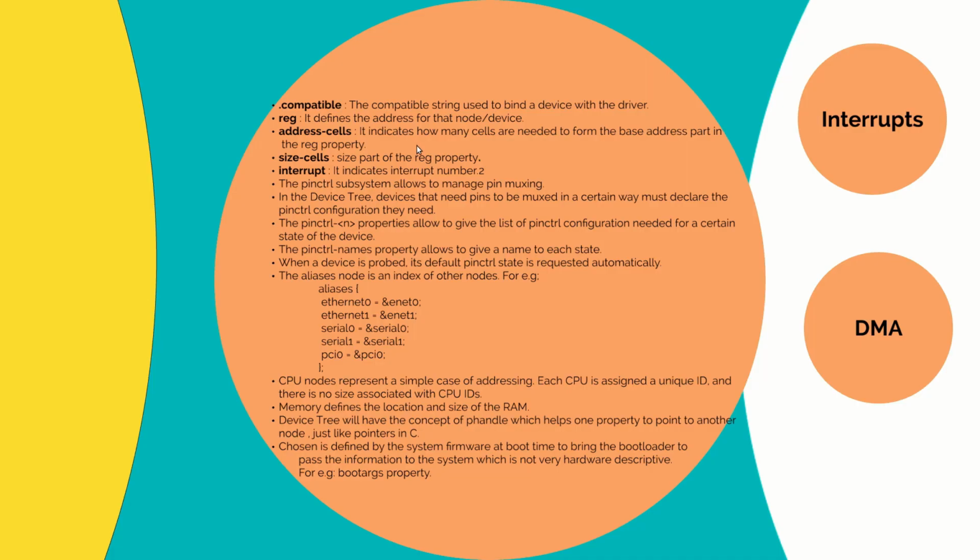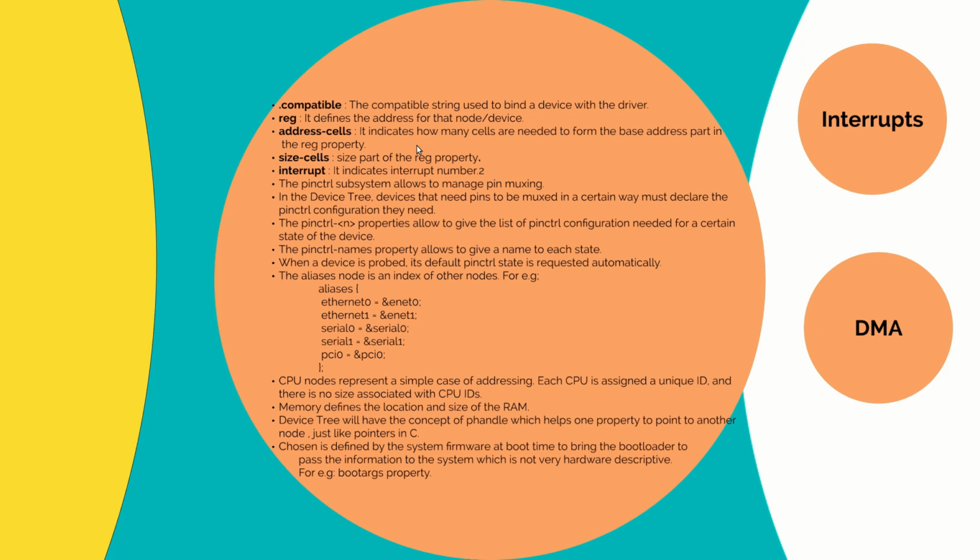So the next thing, the reg, as I already explained, defines the address for that particular node or device, whatever the different devices you are using. Address cells is also there. It indicates how many cells are needed to form the base address part in the reg property.